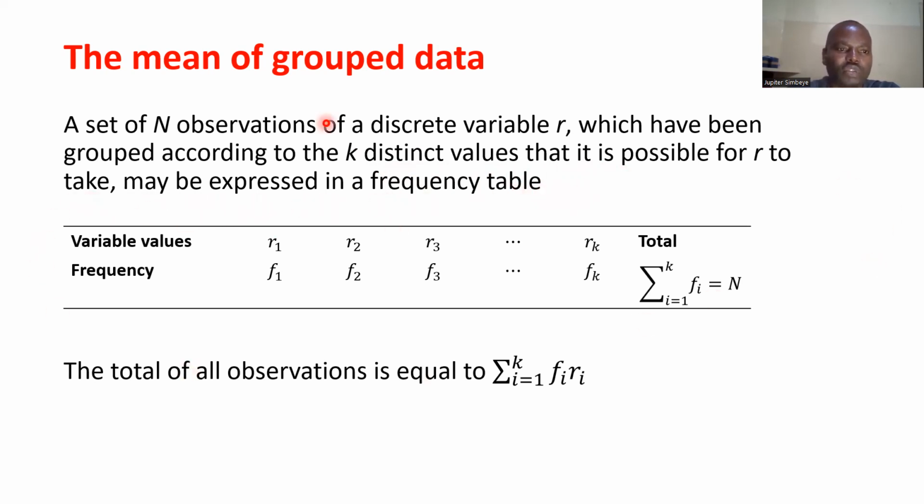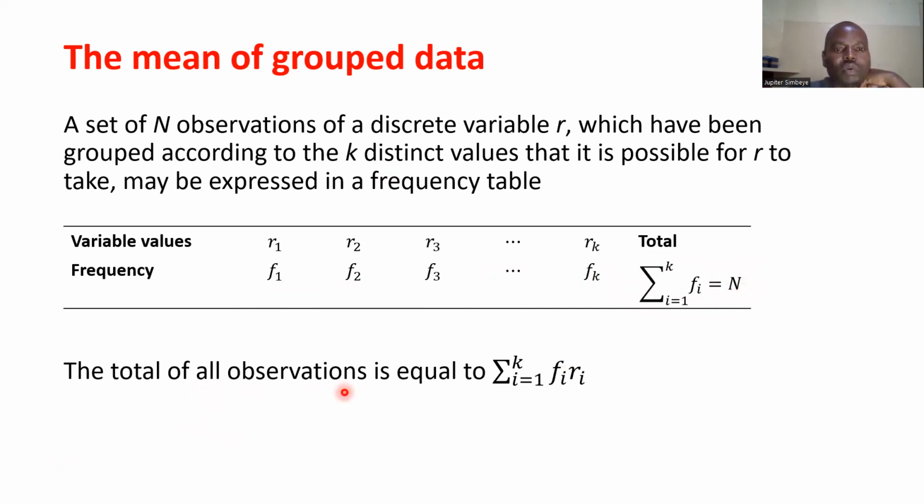You have distinct variable values R1, R2, R3, up to Rk, and the frequencies F1, F2, F3, up to Fk, showing how many times each appears. Here we have the total number of observations, and n is the same as summing the individual frequencies.